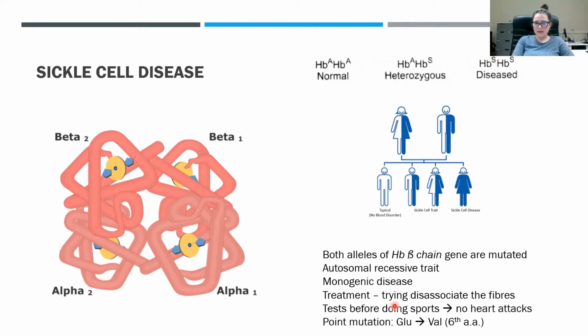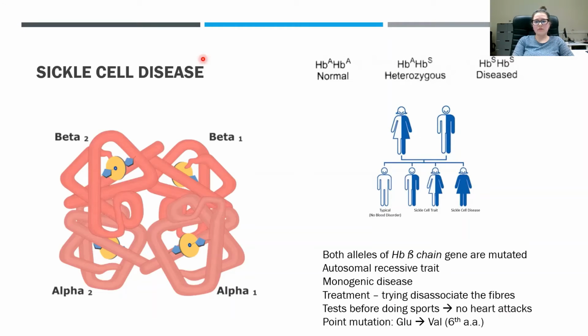And nowadays, treatment is just trying to disassociate the fibers, because due to that mutation, as you know, red blood cells aggregate to each other and are not able to transport oxygen effectively. And genetic tests are being done before doing sport, so that if a person has this disease, then they are likely to get heart attacks.